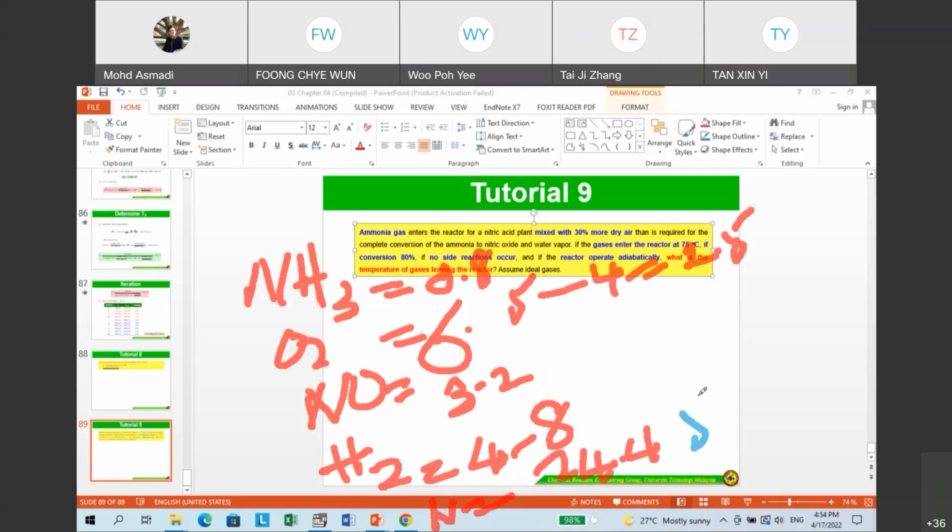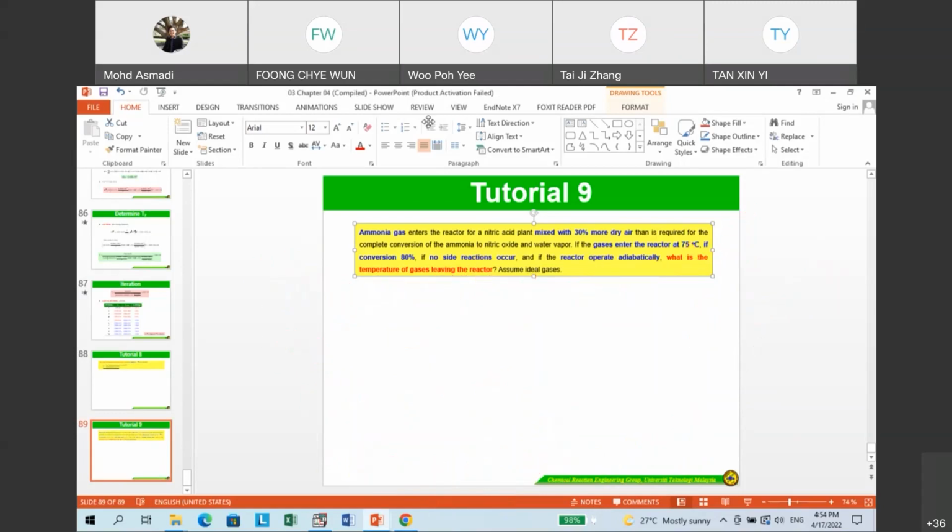And then you have to determine A, B, C, and D. So by using the energy balance, delta H equal to delta HR plus delta H298 plus delta HP equal to 0.